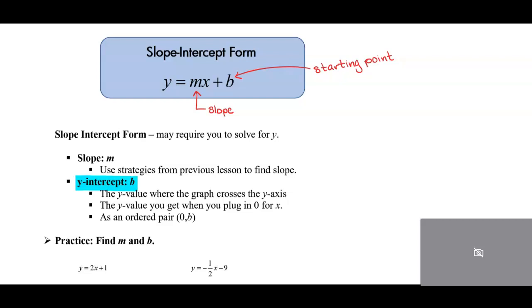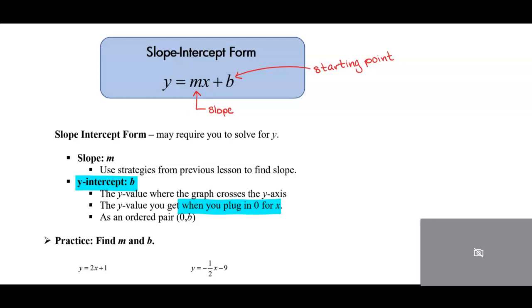So that value of b gives you the y value where the graph crosses the y-axis. That's why it's called the y-intercept. This is also the y value that you get when you plug 0 in for x. And this is what we've been doing so far. Plug in 0 for x and see what you get. It's always going to be that number right there.